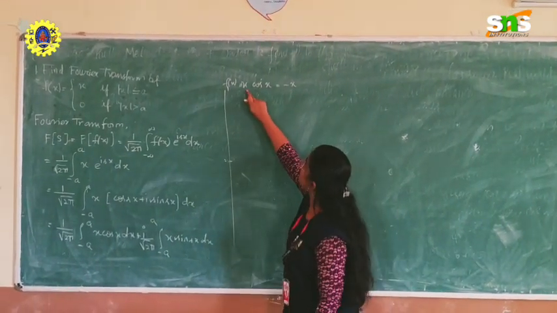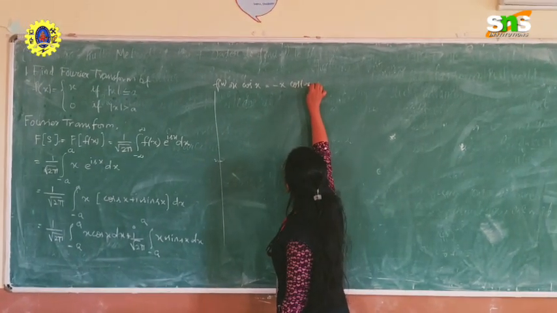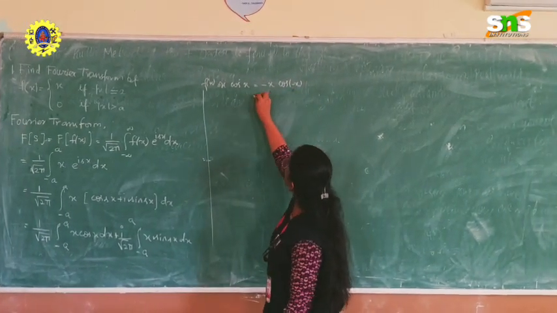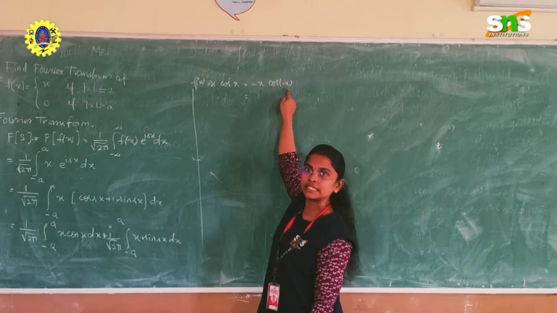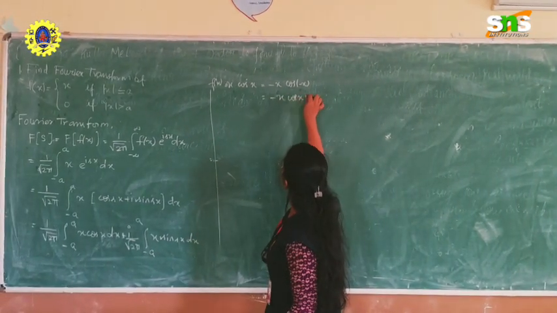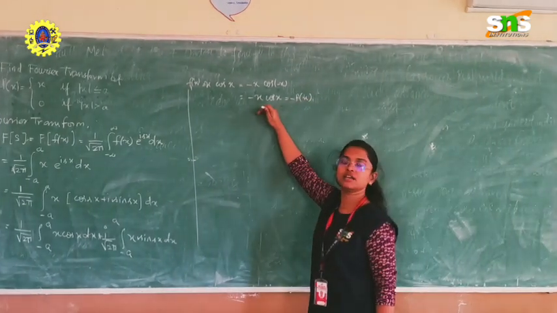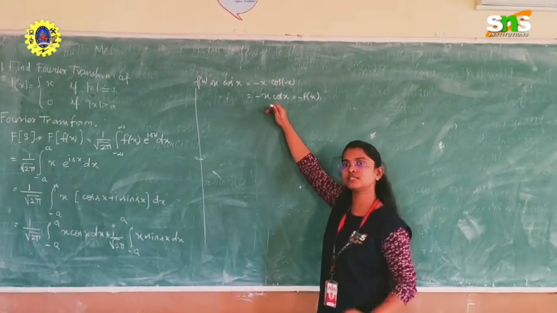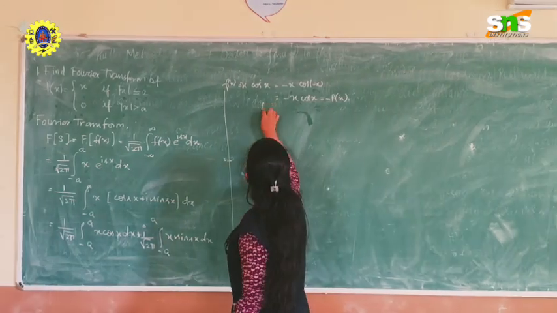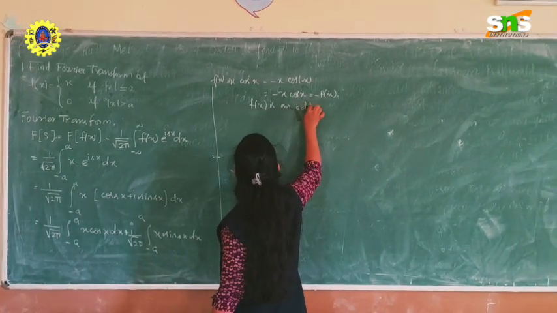So instead of x I am just substituting minus x here, and here also. Cos of minus theta will be cos theta. So you will get minus x cos sx, which is minus f of x. So in this case you can conclude that f of x is an odd function.